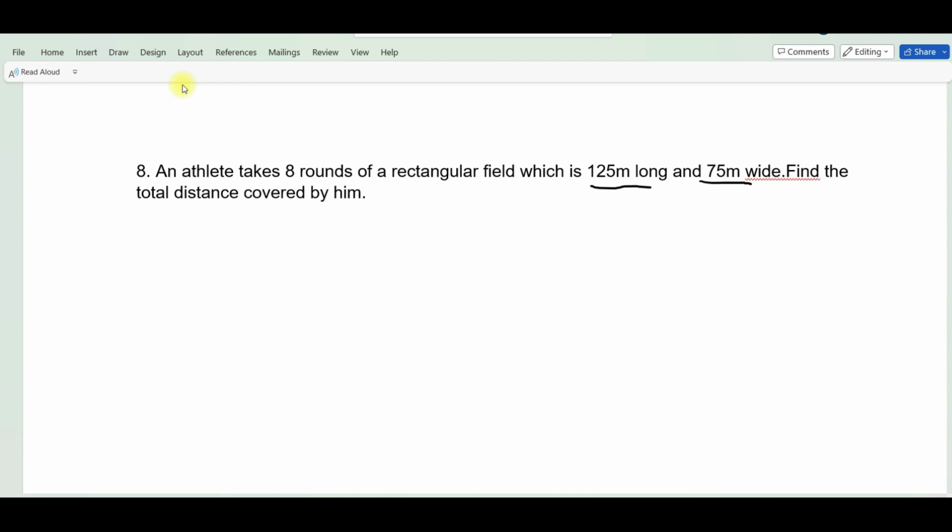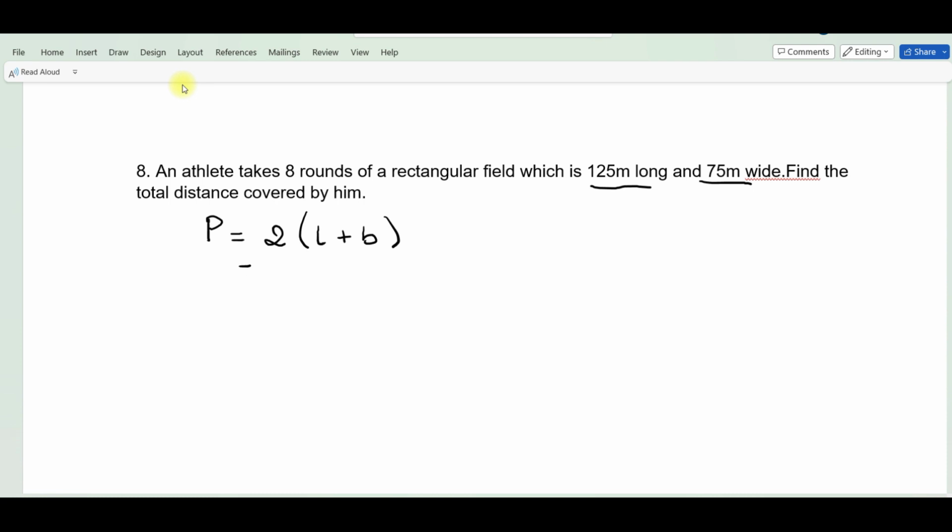So we'll put in the formula for the perimeter. The total distance covered is nothing but the perimeter of the rectangular field. So perimeter is equal to 2 into (L plus B).